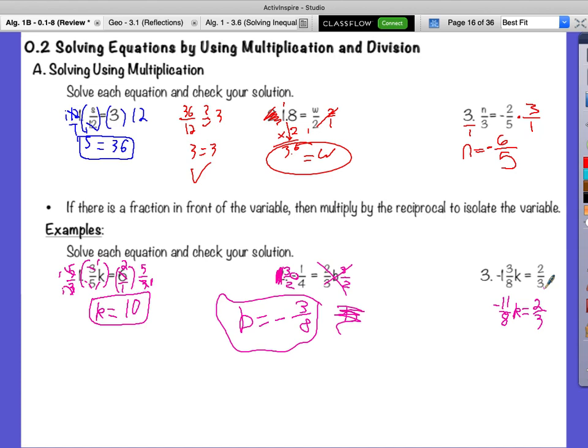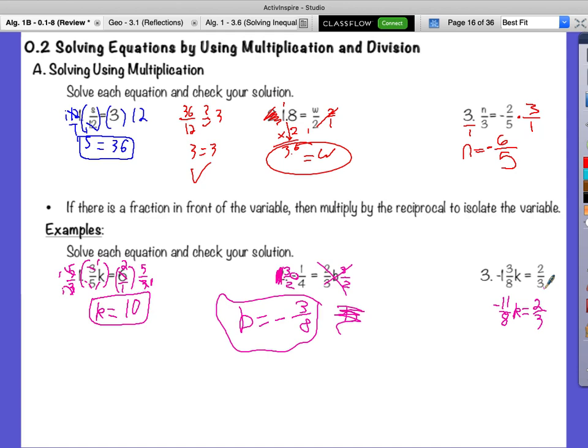So let's go ahead and do this problem now. Do we bring the negative over to the other side? We don't want the negative with the k anymore, because we want it just to be k. Multiply by 8 over 11, negative still.